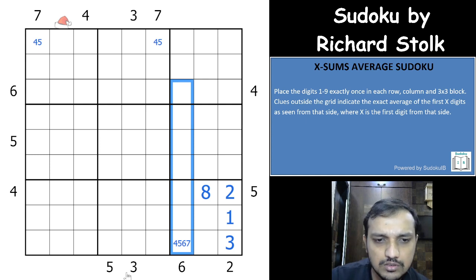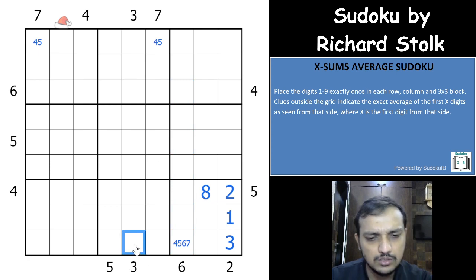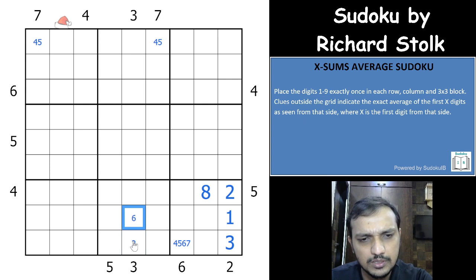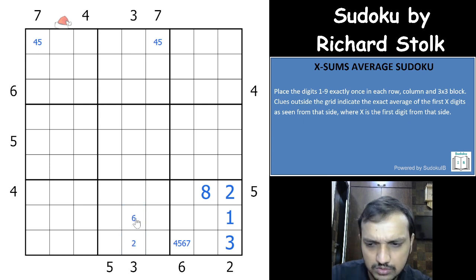You have 3's as opposite here. That should help us. You cannot have 1. You can have 2 because then it will be a 6 here. No, it will be a 4 here. Cannot have a 3.